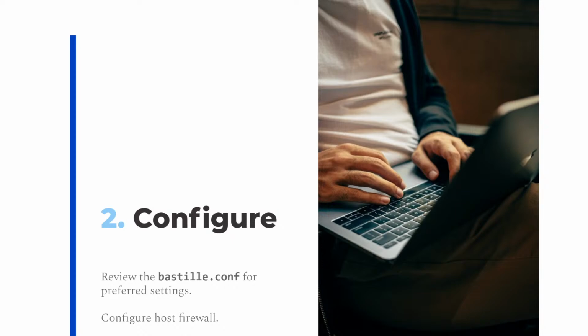This is actually a piece that I've been thinking about automating a little bit more, perhaps with a prompt to the user that says, hey, we can see you don't have a firewall. Would you like us to make one for you? And then you can hit yes, and it will set up the firewall for you. Historically, I haven't done that automatically because I didn't want to clobber anyone's firewalls if they're already there.